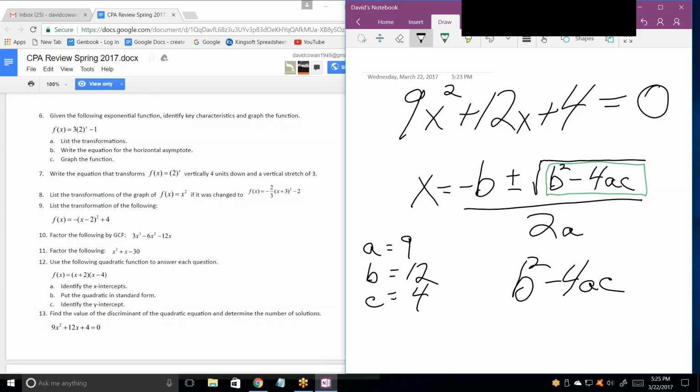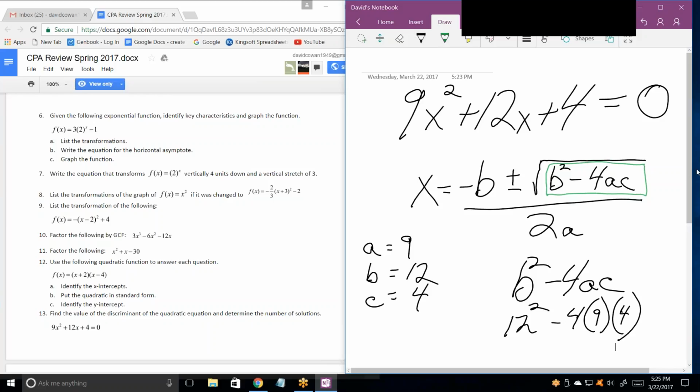Just plug in B, A, and C. I'm going to plug in 12 for B, 9 for A, and 4 for C. Now simplify.